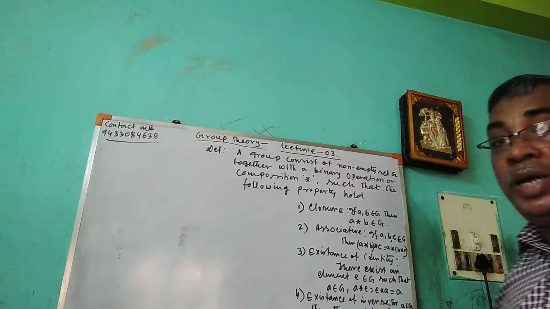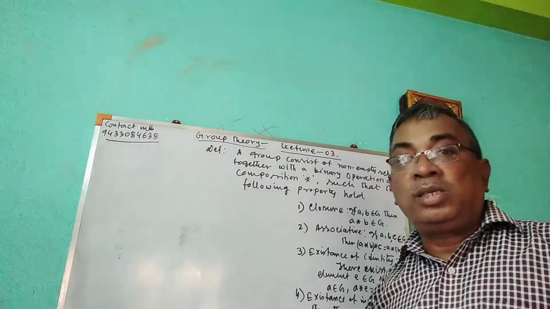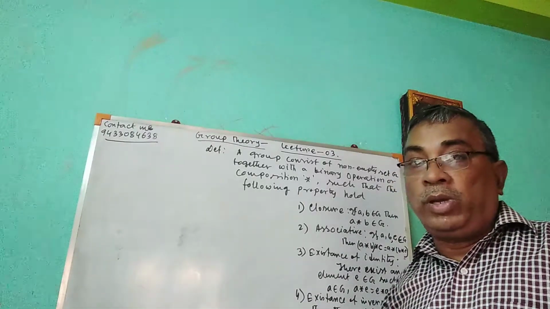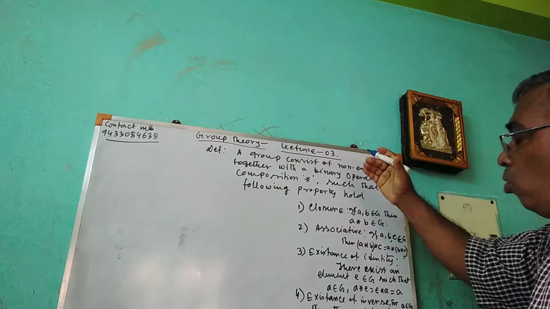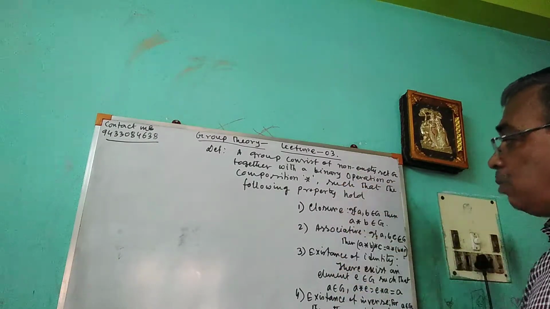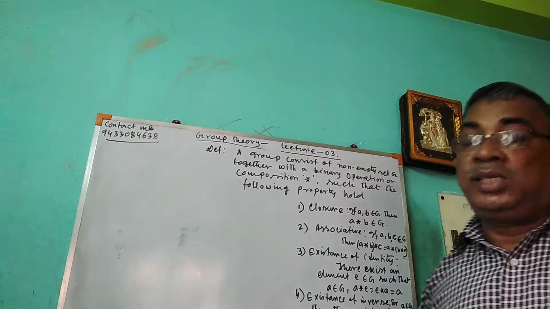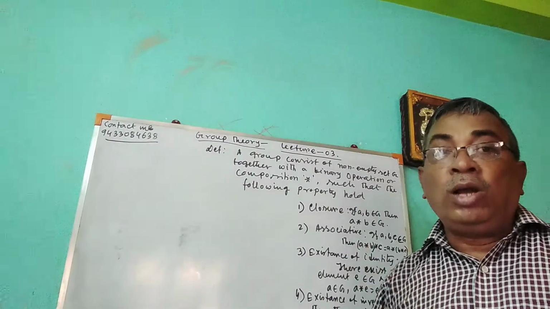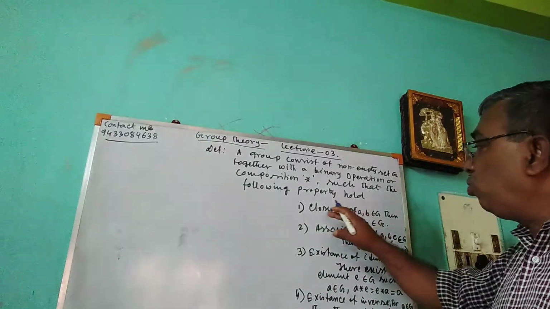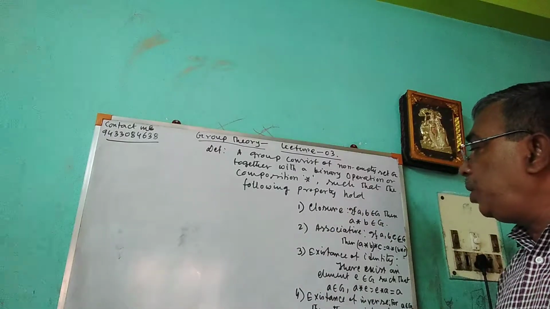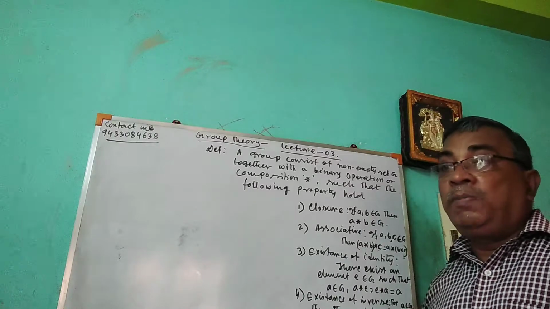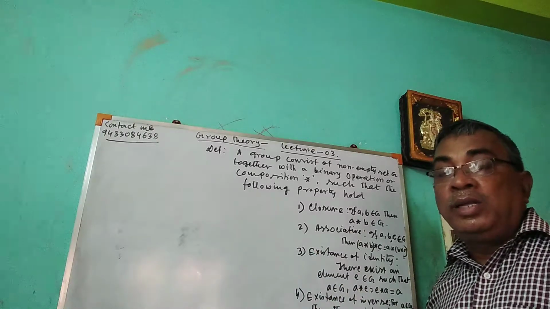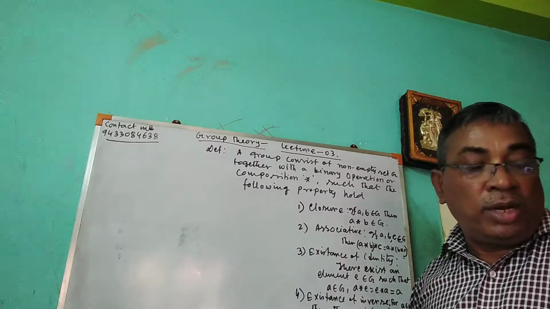If there is no identity element, then existence of inverse is not possible. So if a composition holds these four properties, we can say this is a group. If any one of them is violated, either closure property, associative property, existence of identity, or existence of inverse, then we cannot say it is a group.